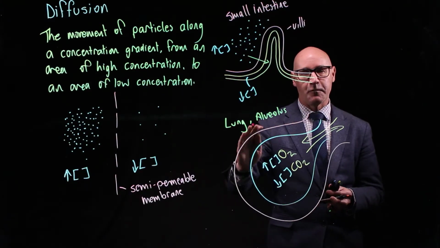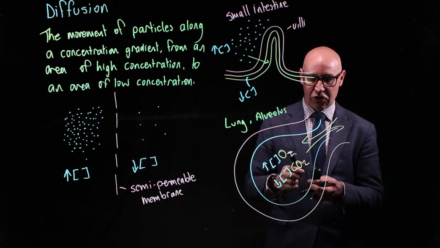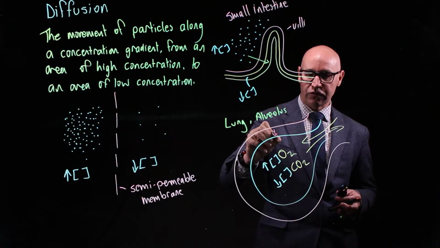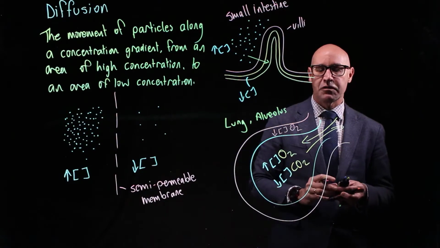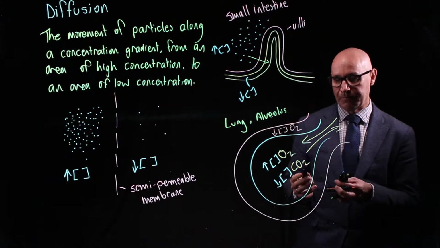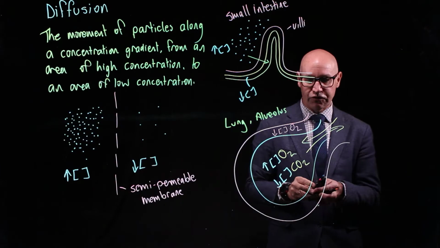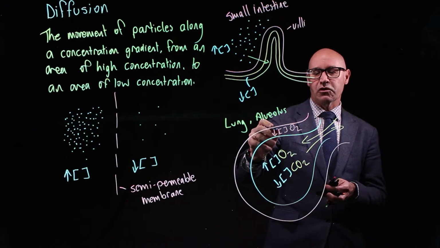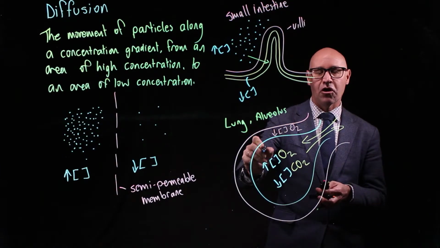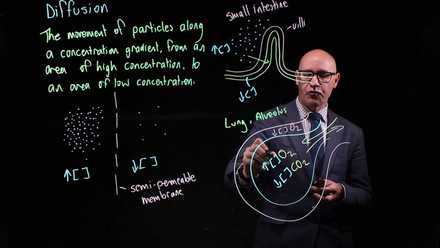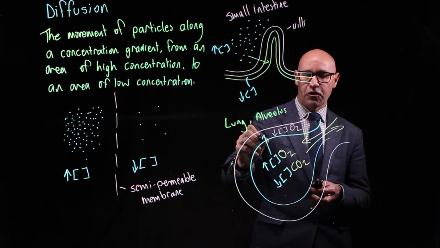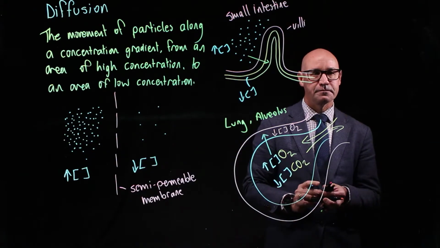It's coming back from the body, so it has got low concentration of oxygen because it's been used up by the body. So we've got a concentration gradient here, haven't we? We've got low oxygen in the blood and high oxygen in the alveolus. So overall, there's going to be a movement of oxygen into the blood.